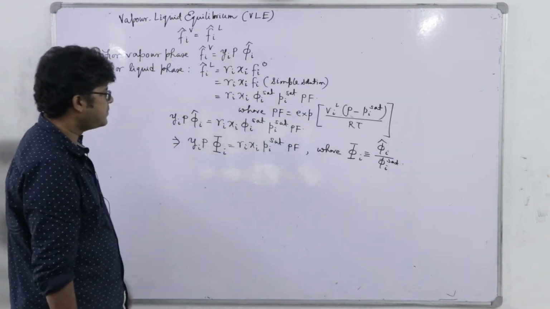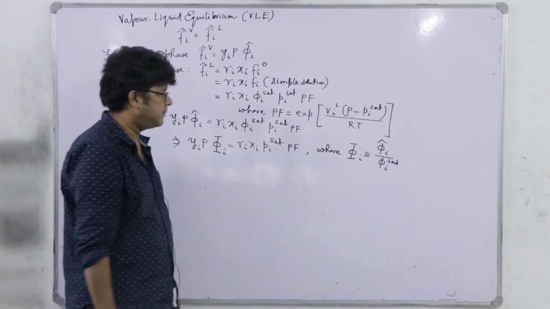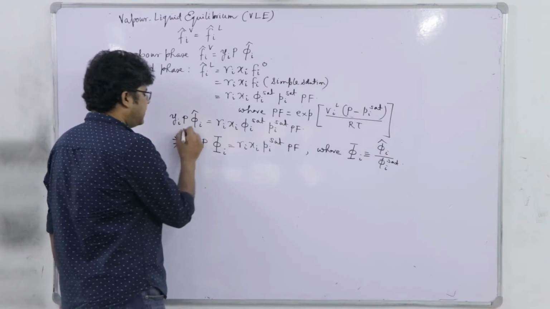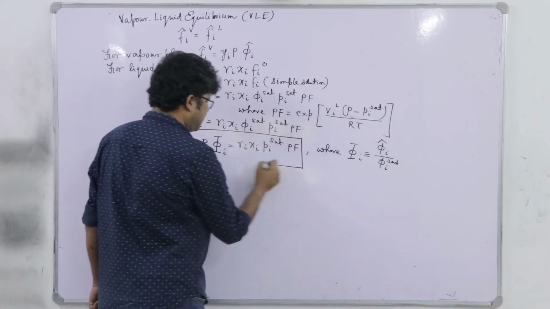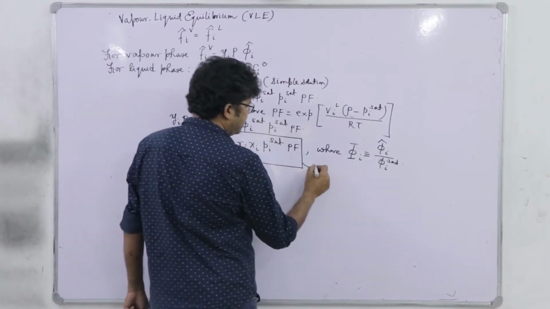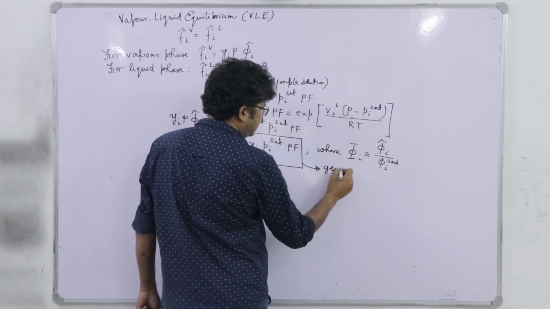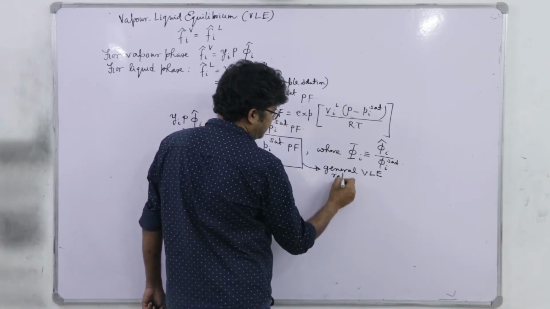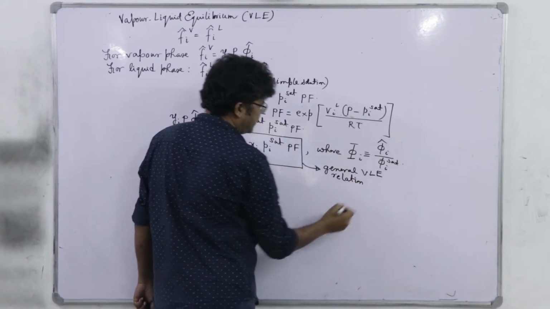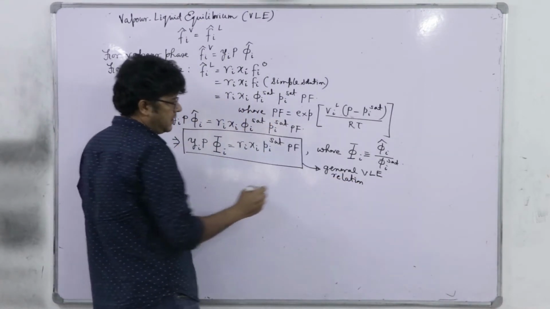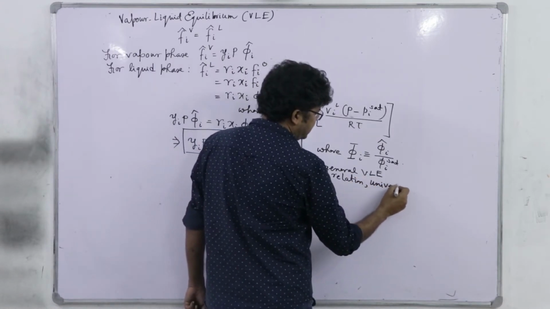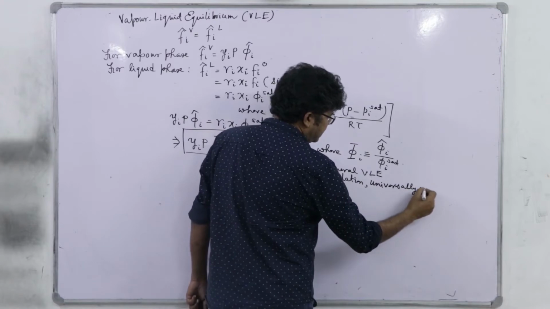Right. So it's in the order of 1. Order of, I'm not saying it's exactly equal to 1. So this is the general VLE relation, which is universally valid.